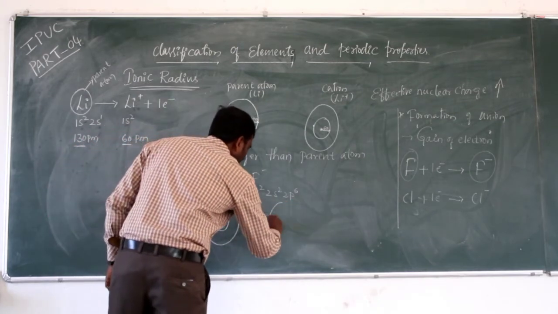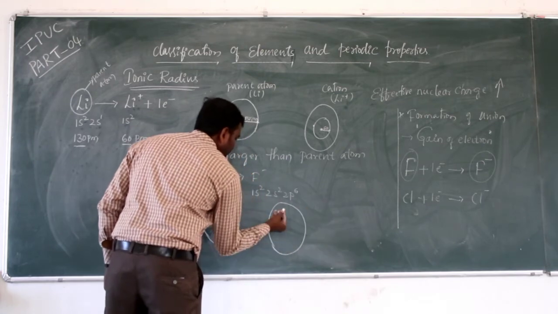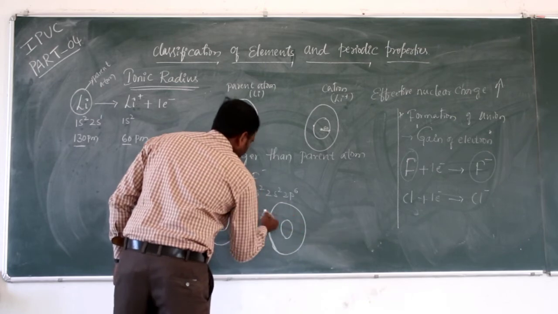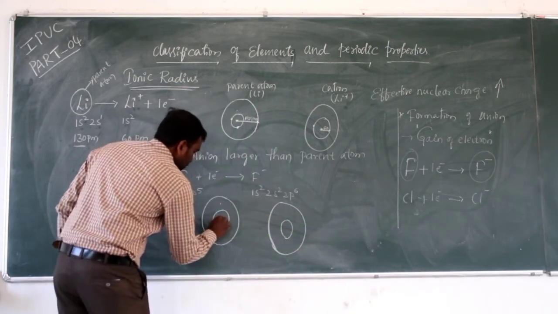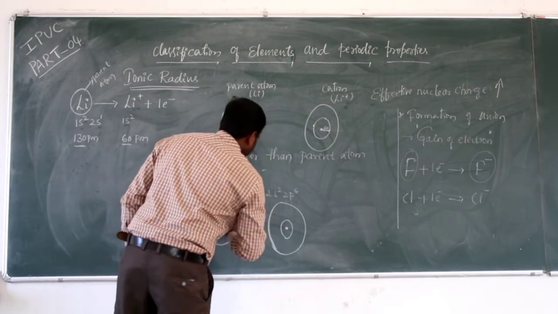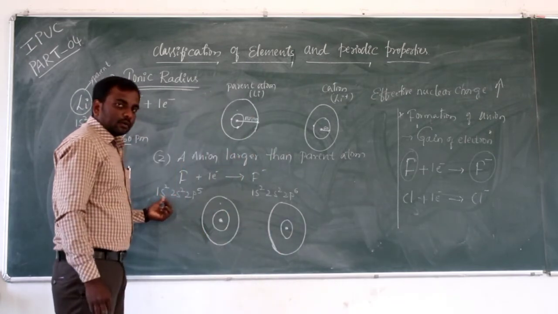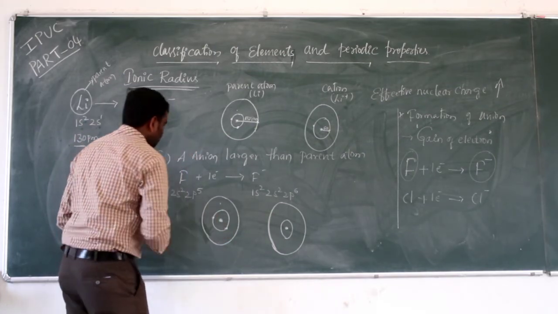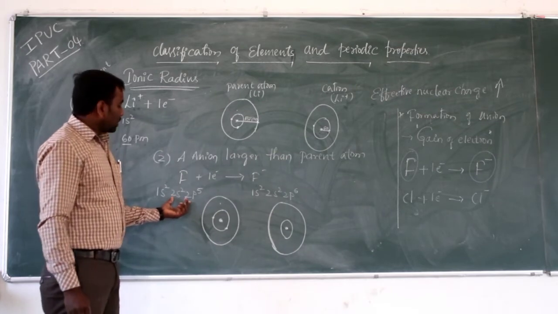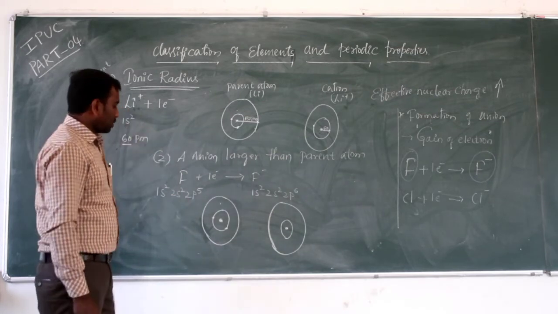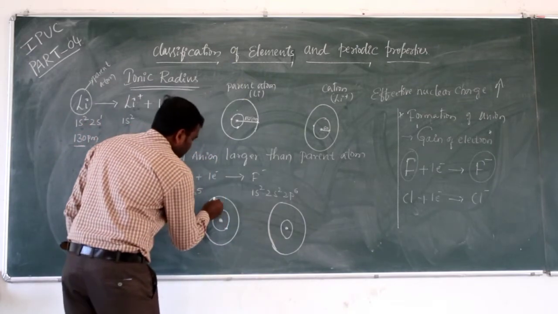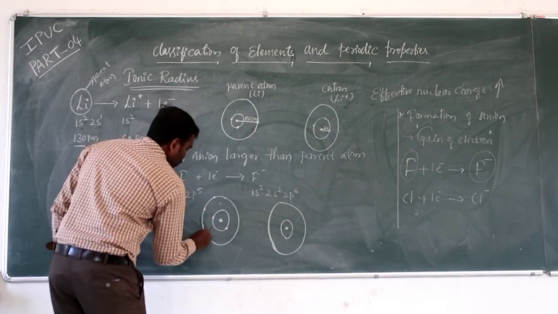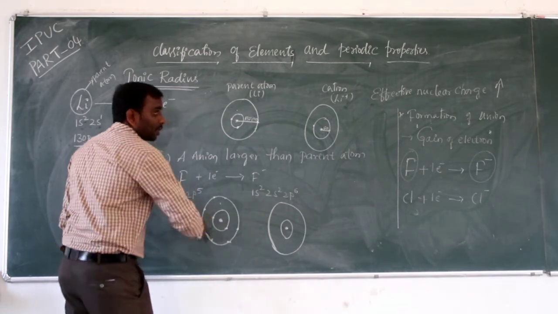Okay. This is nucleus. This is nucleus. Right? See, K shell contains only 2 electrons. L shell contains a total of 8 electrons. Right? Here 7 is there. Here 1, 2, 3, 4, 5, 6, 7.